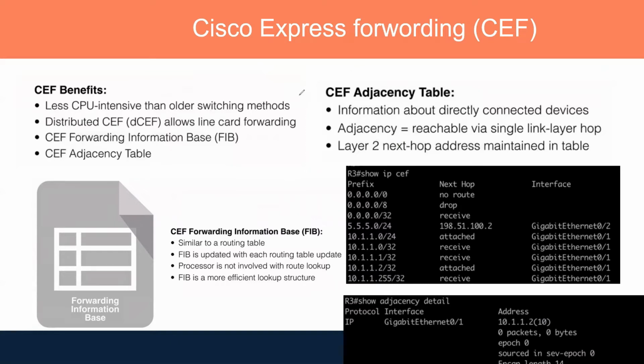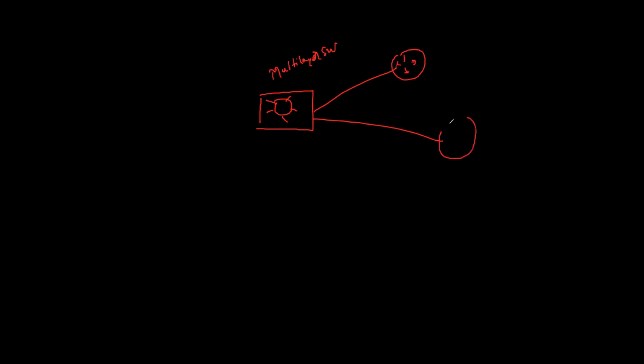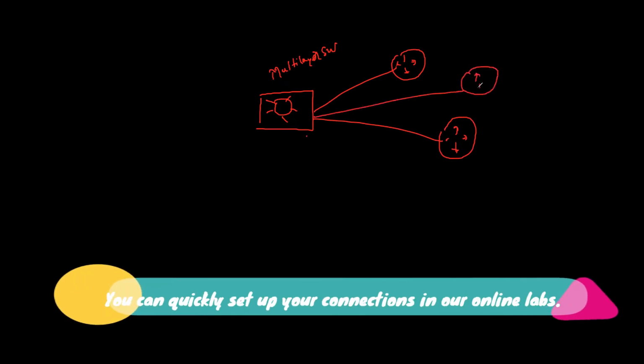So let's say you have this switch, and let's say this is a multi-layer switch, which is learning different networks from different routers. You have 3 routers connected, and from the 3 routers, this switch is learning different networks.